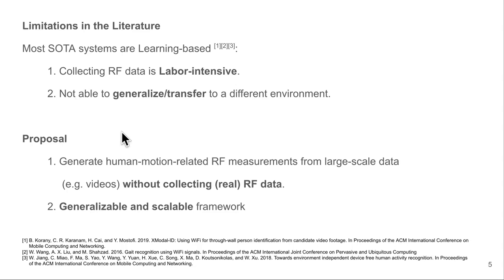Therefore, what these authors propose is to generate human motion-related RF measurements from large-scale data such as videos without collecting real RF data. And they claim it to be a generalizable and scalable framework.